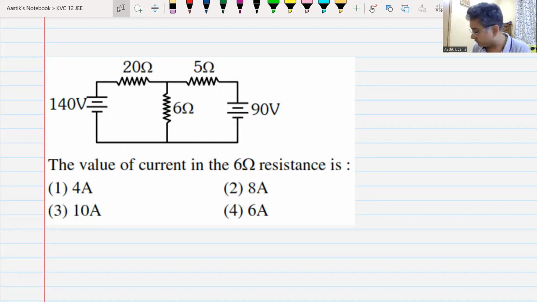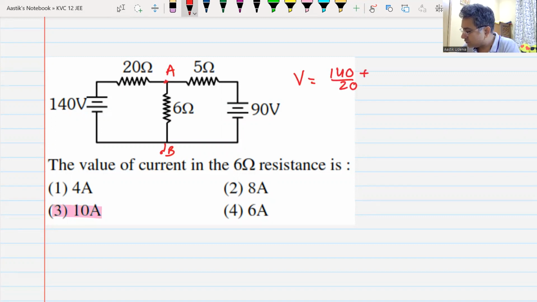10. Okay, how do you get this? You can put this as point B, put this as point A, and find out V. V will be 140 divided by 20 plus 90 by 5, divided by 1 by 20 plus 1 by 6 plus 1 by 5.